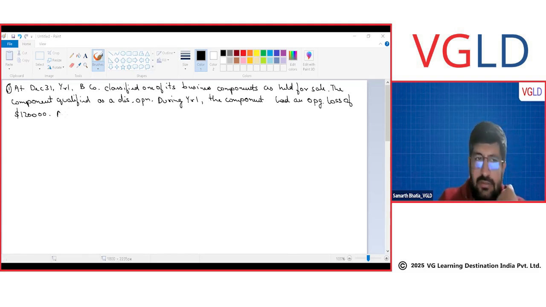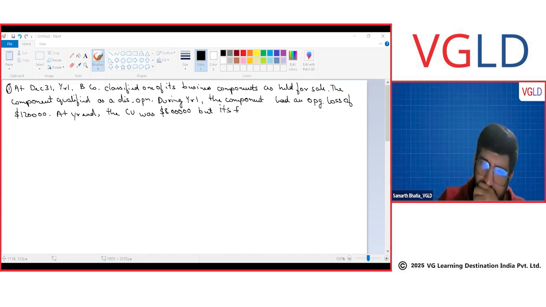At the year end, the carrying value was 800,000, but its fair value minus cost to sell is 730,000.